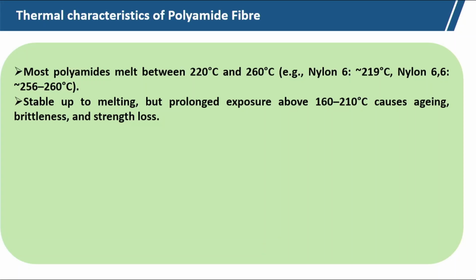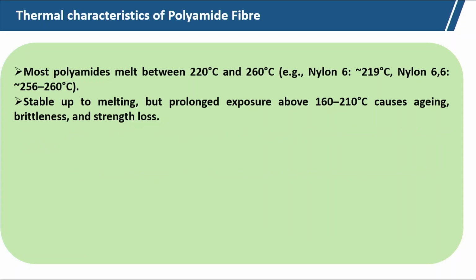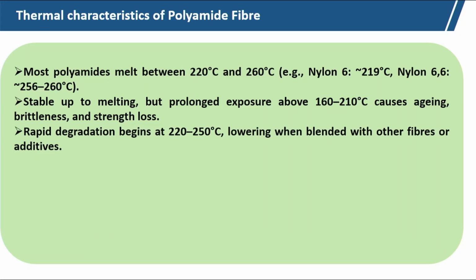Stable up to melting, but prolonged exposure above 160 to 210 degrees causes aging, brittleness and strength loss. So, for high temperature applications we do not use polyamide fiber, but at normal environmental temperature these fibers behave properly.